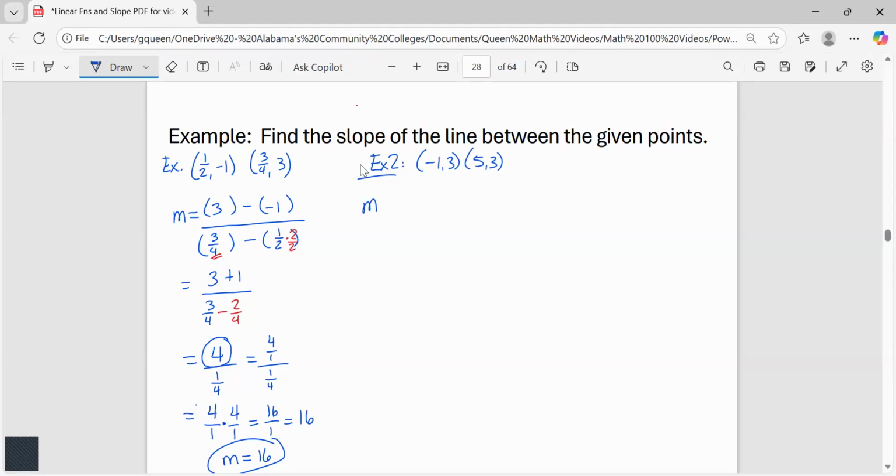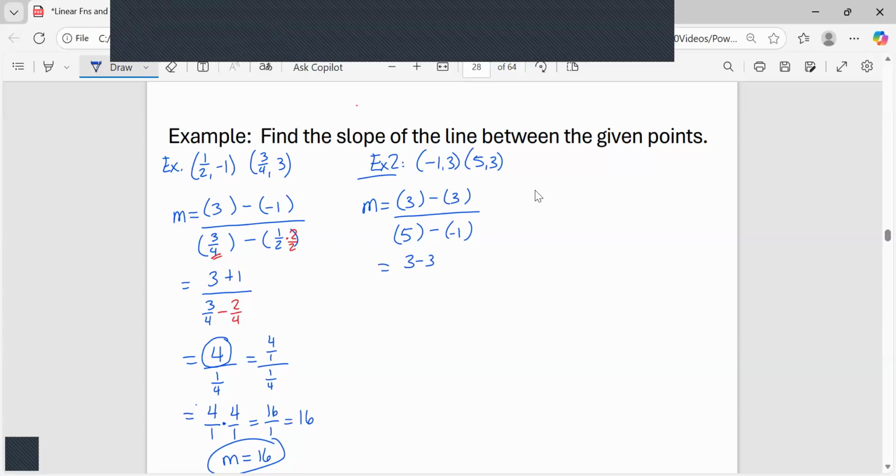So slope will be y minus y over x minus x. y2 is 3, y1 is 3, x2 is 5, x1 is -1. So I end up having 3 minus 3 over 5 plus 1. So I get 0 over 6. 0 divided by anything is 0. So my slope for this line is 0.